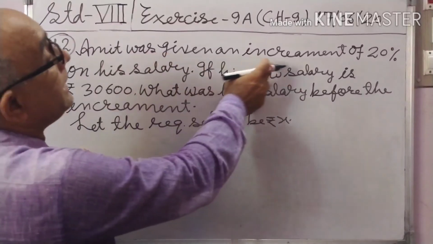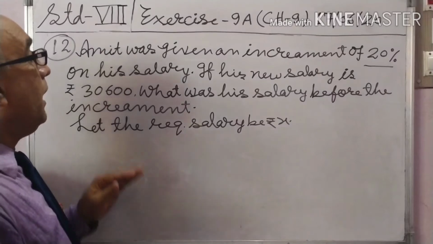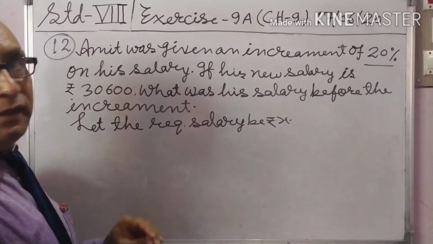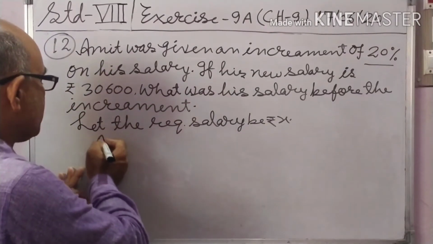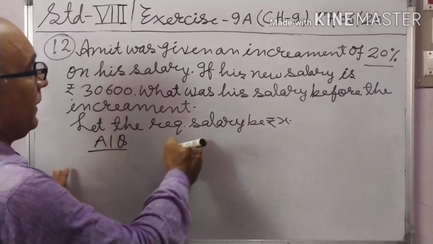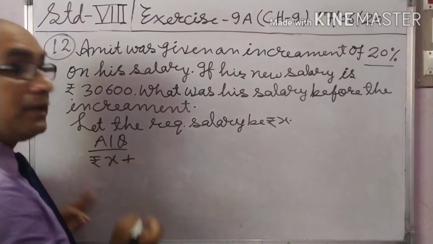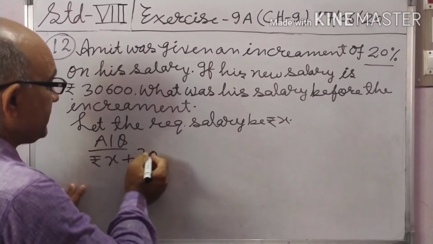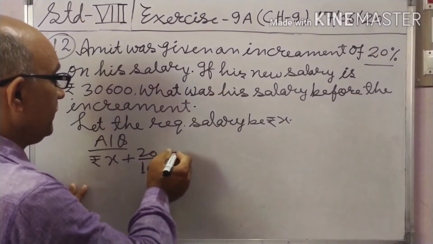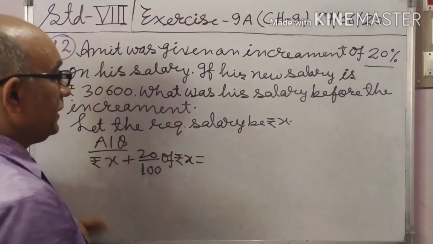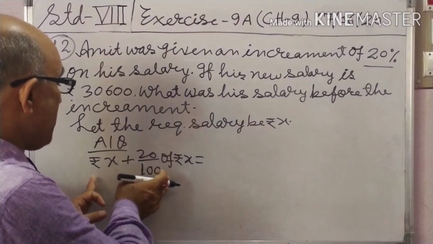Now Amit was given an increment of 20%. After the increment, that means the new salary, is 30,600. So according to the question, the required salary be rupees x plus increment 20%, that means 20 by 100 of rupees x equal to the new salary.